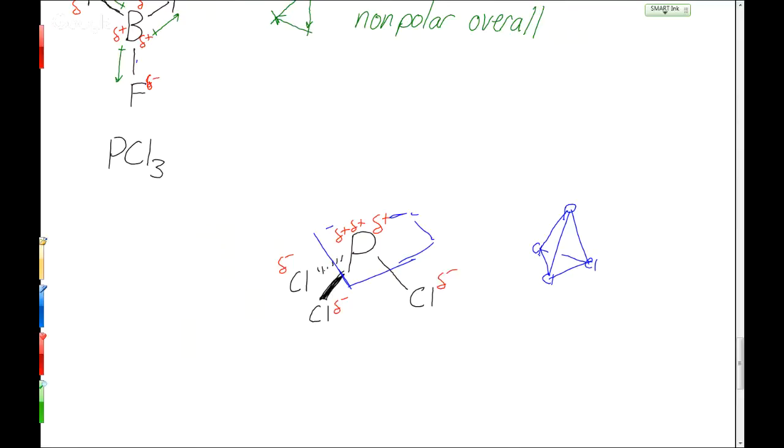And if we cut through the middle there, everything on top is positive and everything on the bottom is negative. So that's another polar situation. So that molecule is polar and has an overall dipole moment.